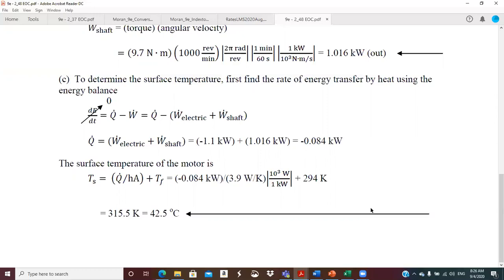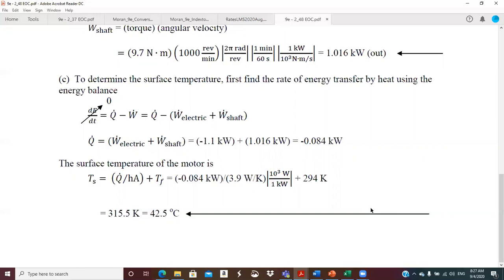When we add those together, we have to include their respective signs. So we have a negative 1.1 kW on the electrical energy and a positive 1.016 on the shaft work. When you add those together, we get the rate of heat transfer is equal to the net work, and that's minus 0.084 kW.